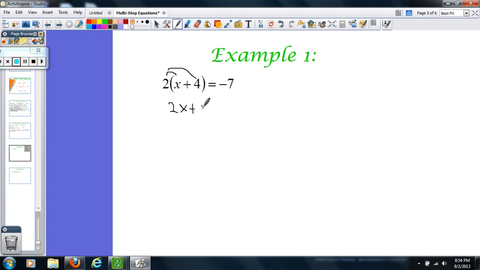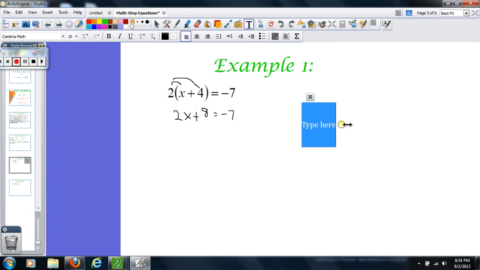So 2 times x is 2x plus 2 times 4 is going to be 8 equals -7. And that was our distributive property, so I'm going to abbreviate.